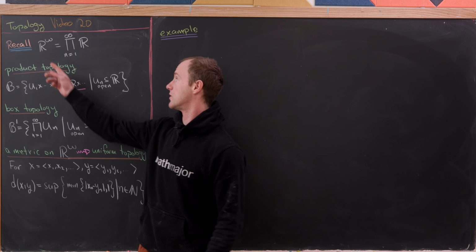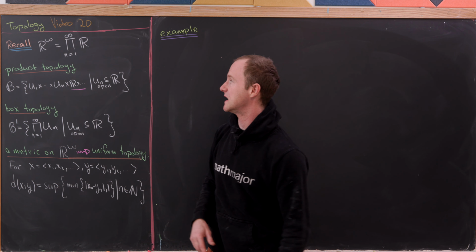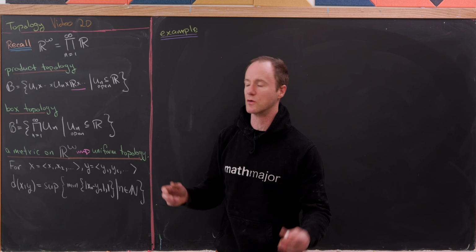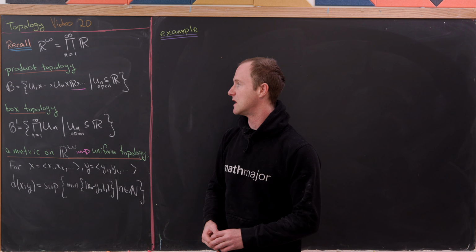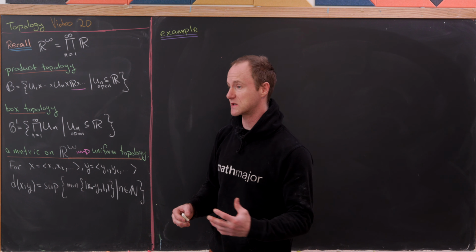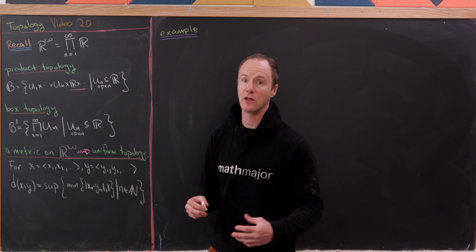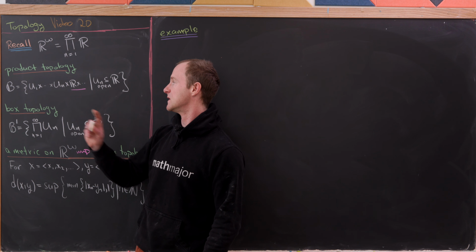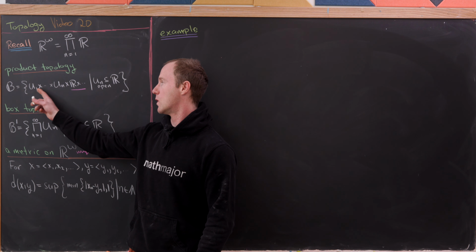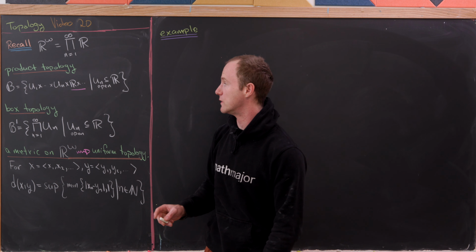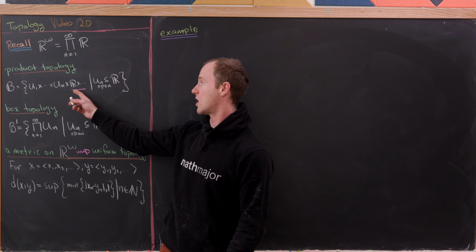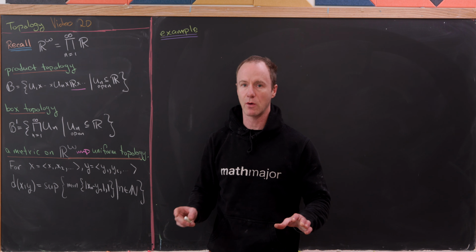Let's recall that we called R omega the product as n goes from 1 to infinity of the real numbers. And then we could endow it with the product topology by using the following basis of open sets. And those open sets are of the form U1 cross U2 up to UN, and then cross R, cross R, cross R, so on and so forth.